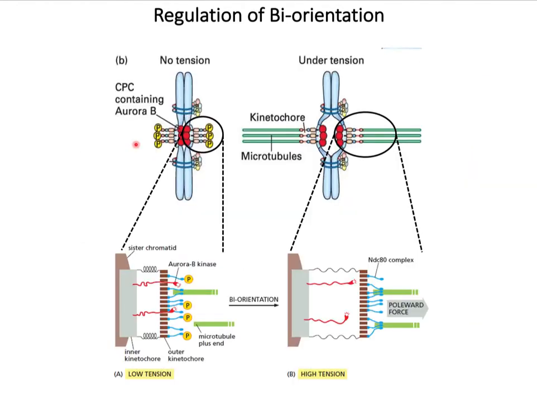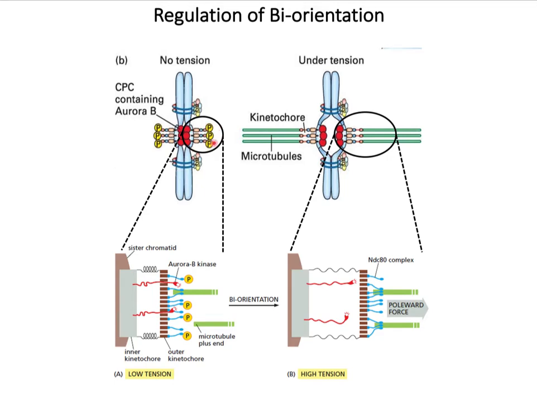The third major player is a protein complex known as the CPC, which stands for chromosome passenger complex. And within this complex is a kinase known as the Aurora B kinase. And remember, kinases are the enzymes that phosphorylate other proteins.